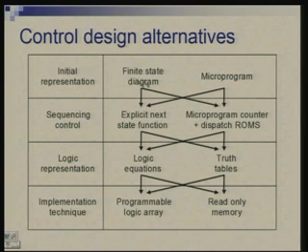These arrows show that you can start with this, go to this alternative or that alternative at the next level. At the next level, you have logic, where you can write logic equations or truth tables. And finally, at implementation level, you can have PLA or read-only memory. So you have multiple options at each level, and technically all combinations are possible.